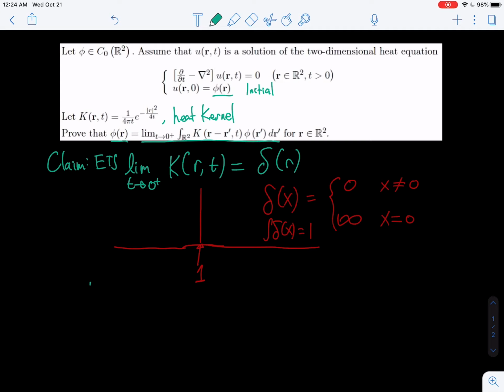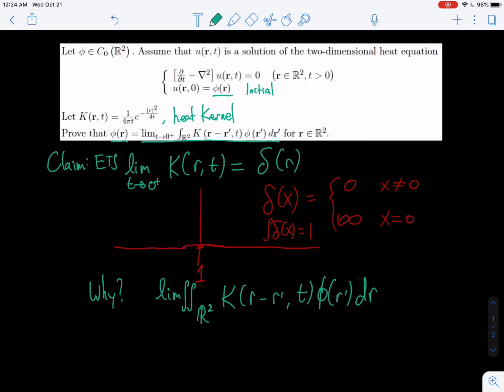Why is it enough to show this? Because then our limit of K, okay, so pretend for a moment that we can change the order of the derivative, the integral and the limit.